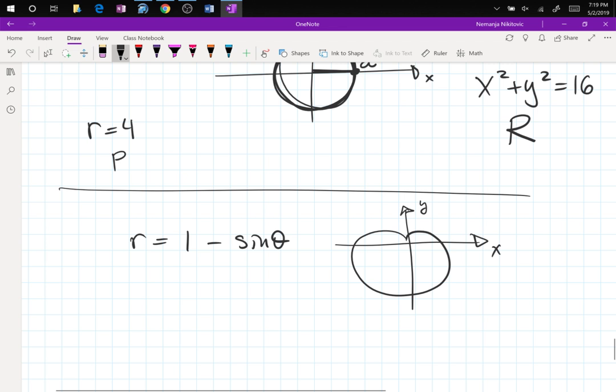And that's on the XY graph. What is the equivalent equation in the XY realm? Well, one thing that I can guarantee is it's going to be disgusting.